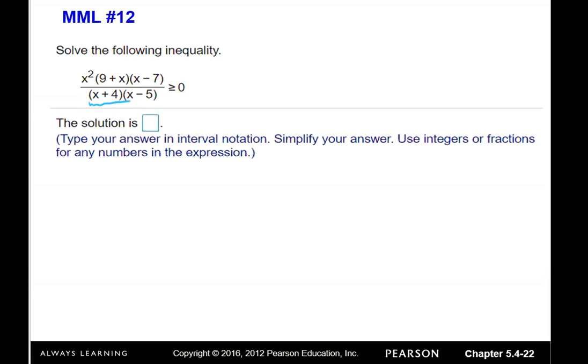So x plus 4, that means that x at -4 would give you a 0, and that's where an asymptote would be. And also at x equal to +5, because if you put a +5 here, you'd get 0. All right, so that's where your asymptotes would be.